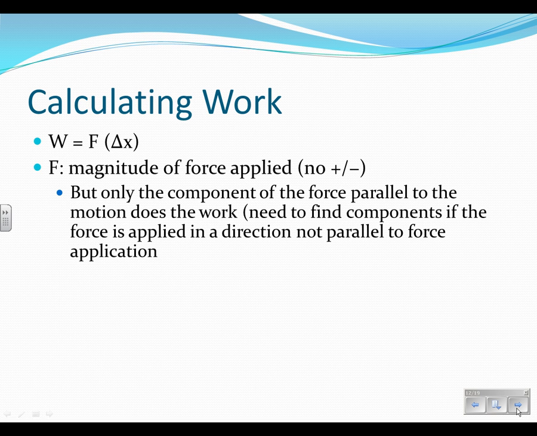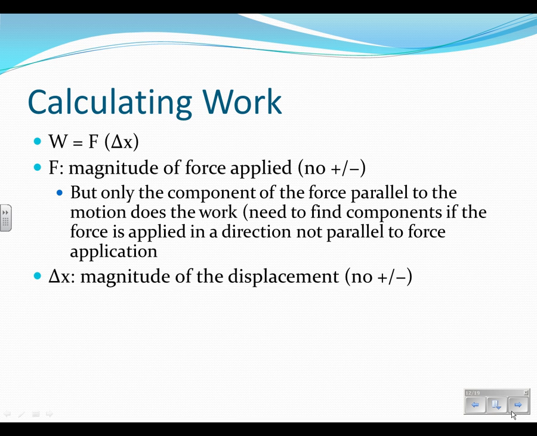How much what, specifically? How much energy. That's the word. How much energy change is there? So that depends on the force, but only forces that are parallel to motion. And it depends on the displacement.